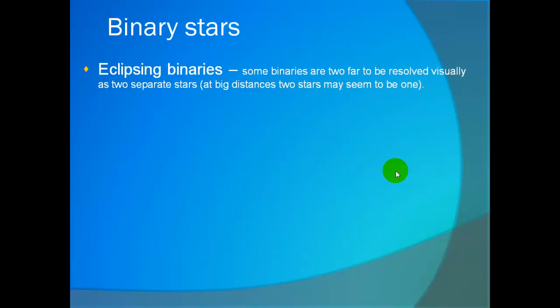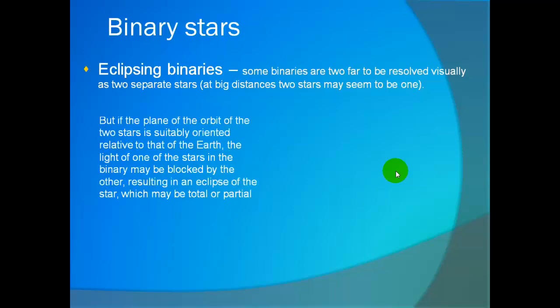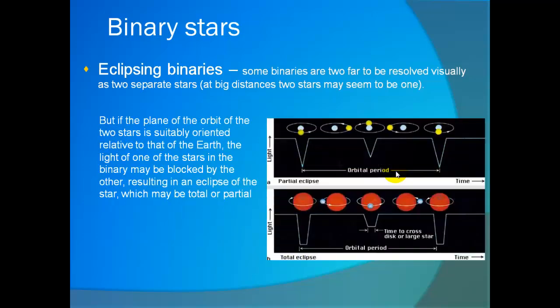Eclipsing binaries. These are very interesting because you have two stars that are so close together that you can't actually distinguish them, but you can see a periodical change in the luminosity, in the brightness. Here, for example, we have the two stars. You can see the light from this one and the light from this one, so we get a maximum brightness.